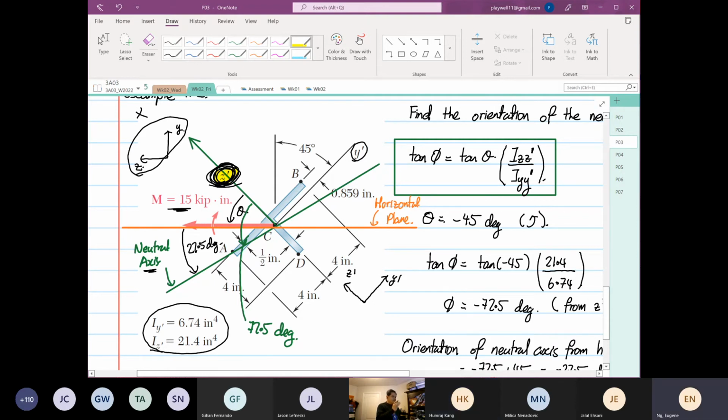So just remember everything, the orientation of the moment. I'll write this, I think this is important.